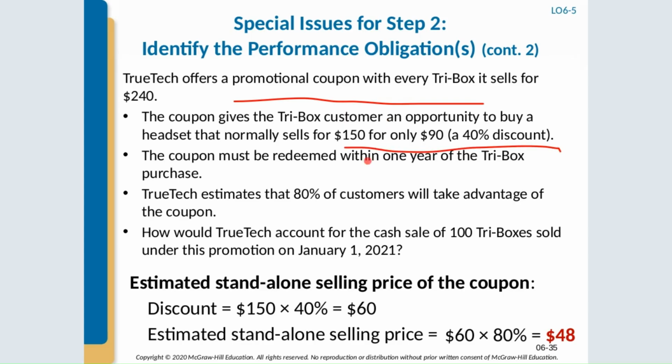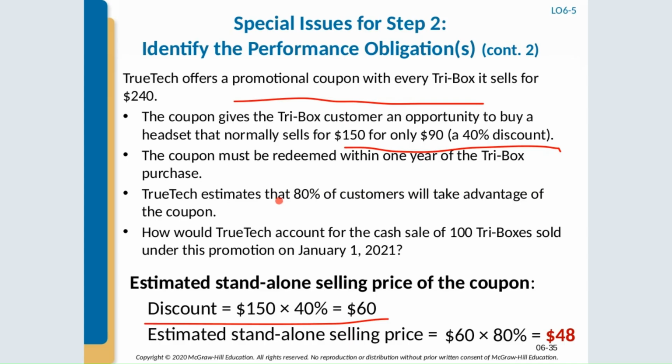Okay, so there's a $60 discount. We have here the calculation. Basically, 150 less 90 is $60, or you can take 150 multiplied by 40%, and that is your discount. And they have to redeem it within 1 year.